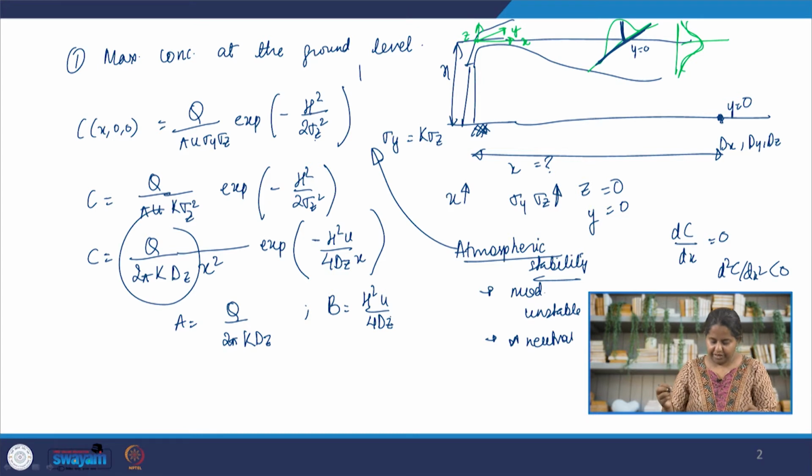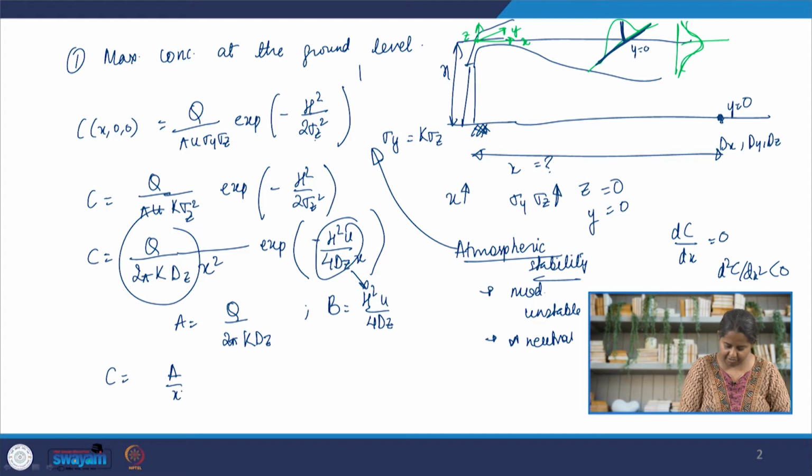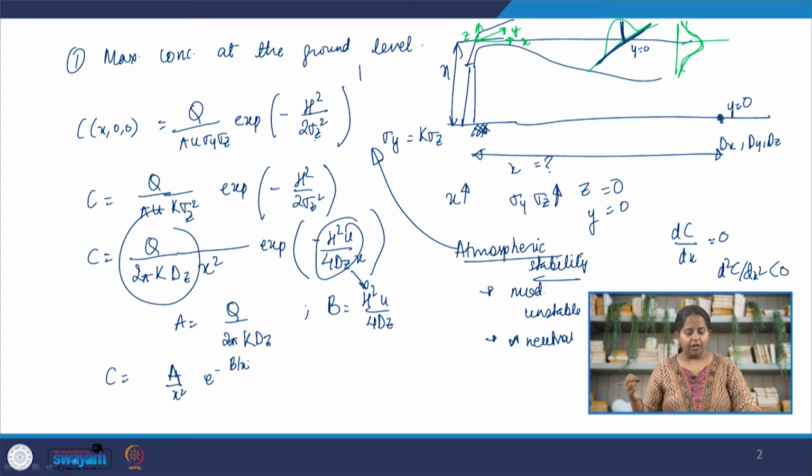Now we have simplified this equation. We have a very simple equation here: C is equal to A by x squared, e to the power minus B by x. Very easy to differentiate, you will see. Okay, now we are going to differentiate this.